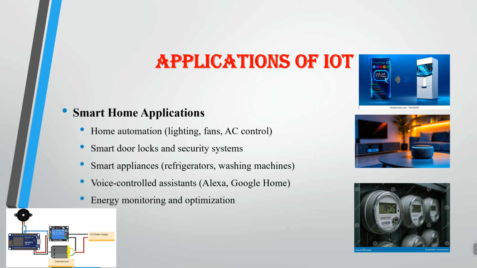You can monitor the various activities of the washing machine. At the same time, you can control the performance of the washing machine. And most of us know the very major application of IoT is voice controlled assistants. We use Alexa, we use Google Home, through which we can control the various devices using voice controlled assistants.